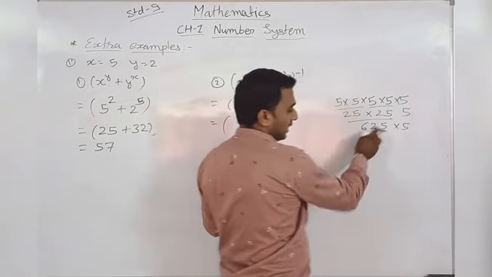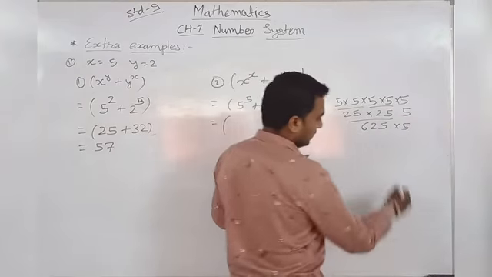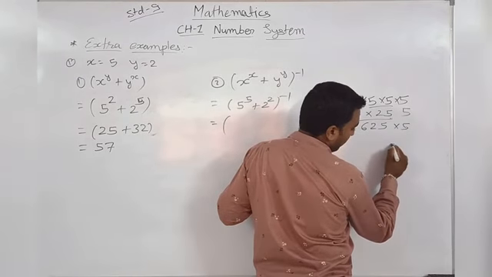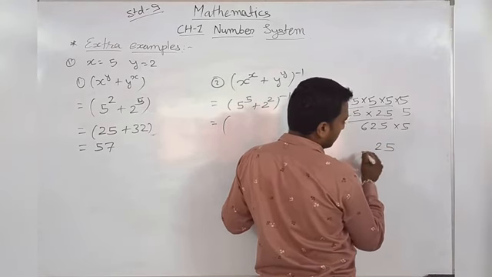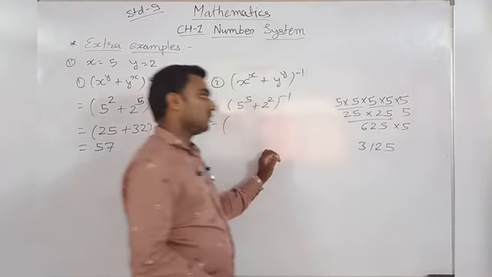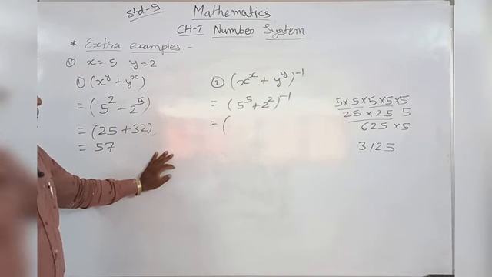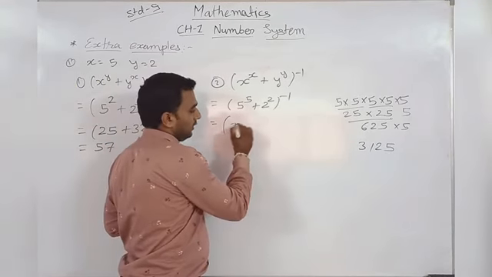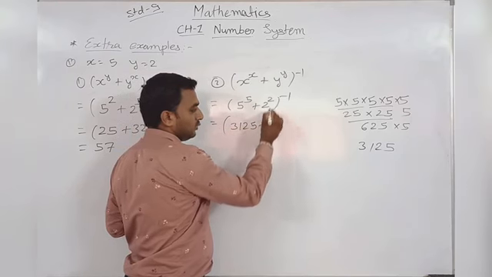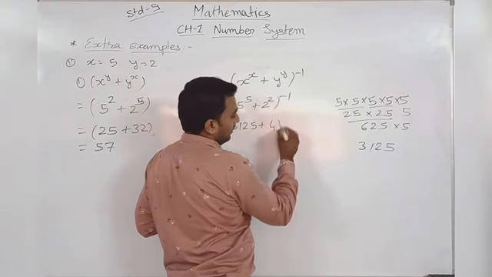So 625 multiplied by 5: 5 fives are 25, 5 twos carry, 5 is 10, 12, 2 1 carry, 6 fives are 30 and 31. So the answer will be 3125.